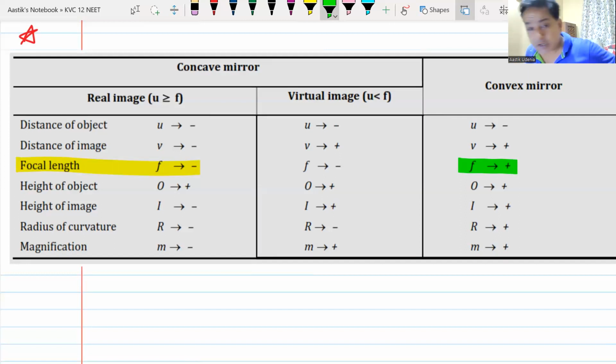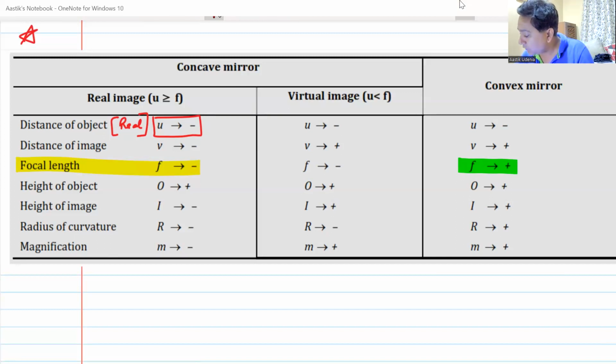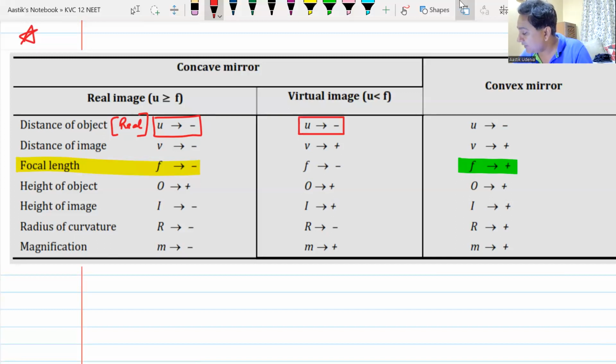Now remember, if the object is real, it will be on the left hand side, and therefore, my dear friends, your u will always be negative. Are you getting my point? If the object is real, u will always be negative.